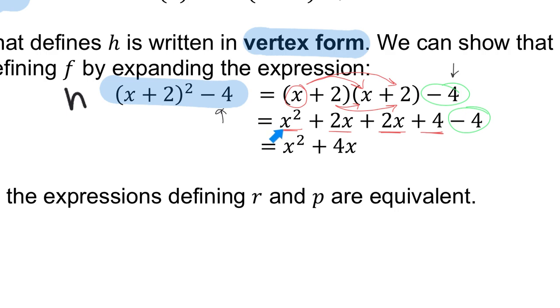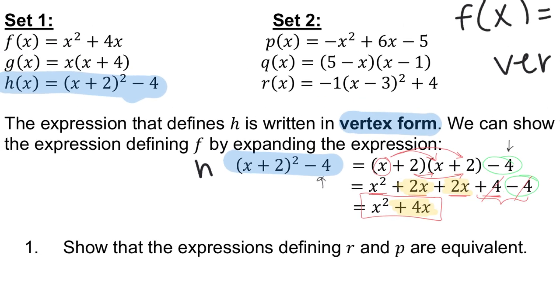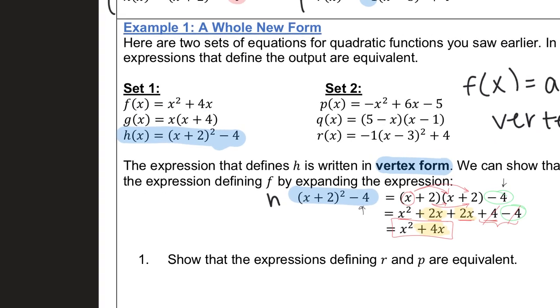So x squared, this is the only x squared we have, so we bring that down. Then we have 2x and 2x that combine to give me 4x. And then we have plus 4 and minus 4 that cancel each other out. So that is how we end up with x squared plus 4x, which is the same as function f in set 1.